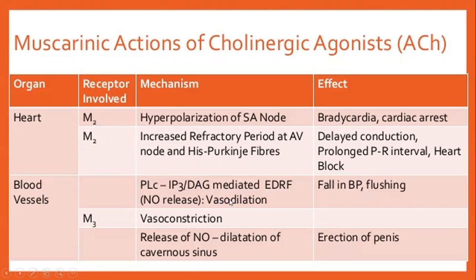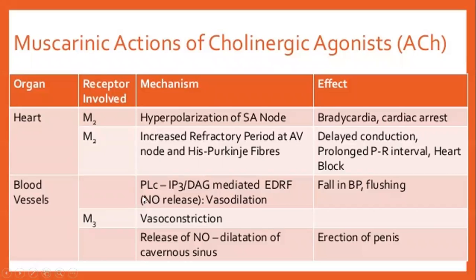Why is it called vasodilation? Because this IP3-DAG pathway stimulates the release of a relaxing factor. EDRF means endothelial relaxing factor. Note down, endothelial relaxing factor. The name of that factor is nitric oxide. NO means nitric oxide.